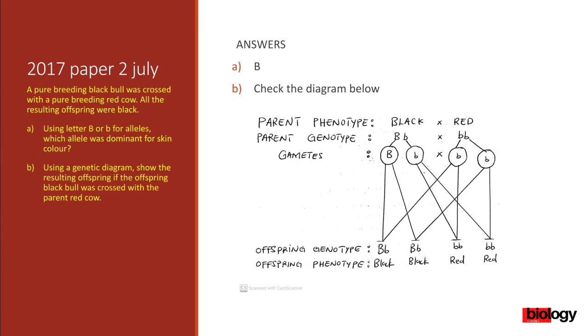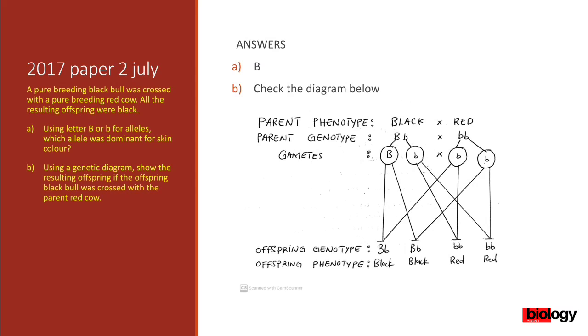Let me run you through this drawing here. So we've got parent phenotype, which is black and red. Remember the black parent is the offspring black bull, so it's black. Then the parent red cow is also a parent in this genetic diagram.